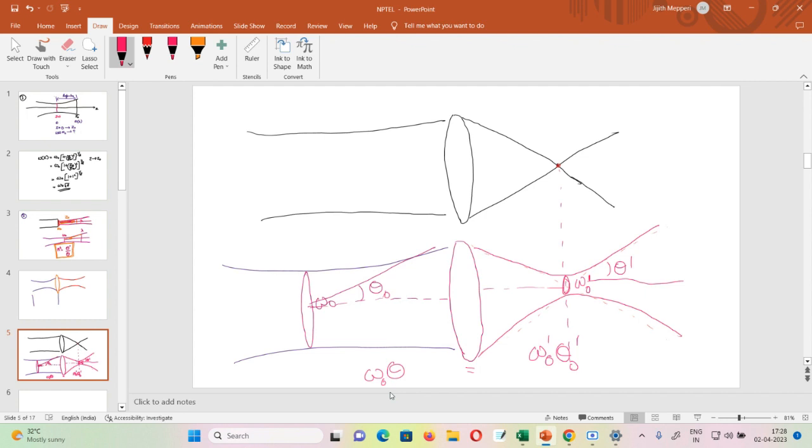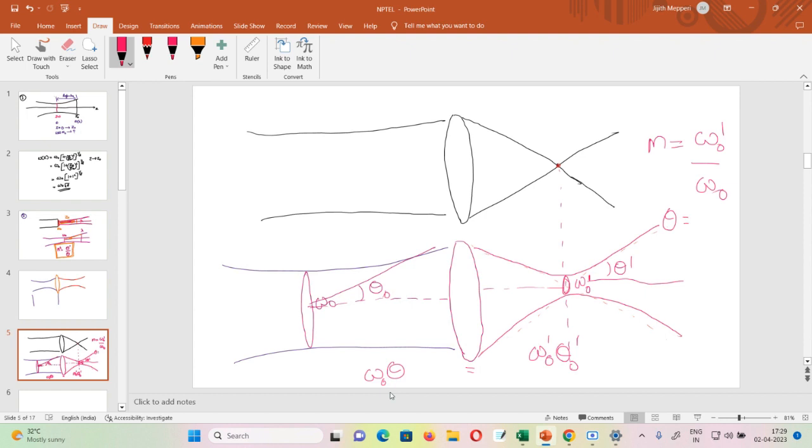So actually what is happening is the magnification. You can define your magnification m as omega naught prime divided by omega naught. So it tells how much it is increasing or decreasing your beam. Similarly, your theta goes the other way.